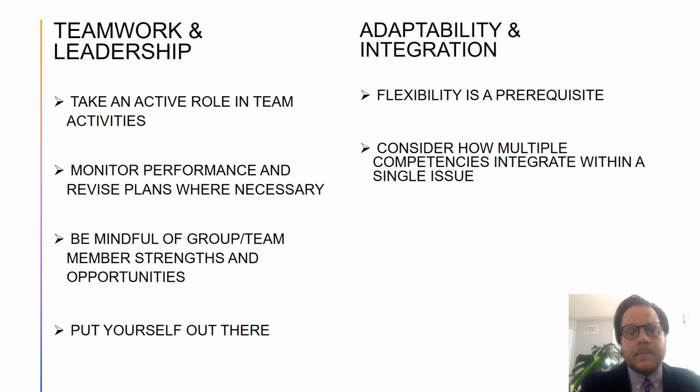Again, think about how those different problems and areas can intertwine; strategy and governance, finance, it all can tie together within the same single issue. Being aware of those things will help you have the right mindset going into the problem to make sure that you're delivering a full final product to your client.